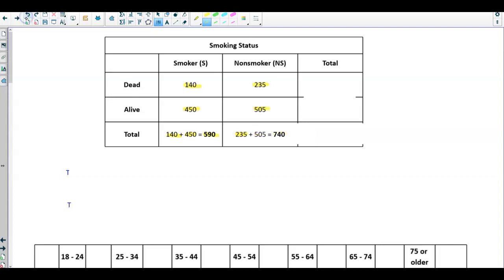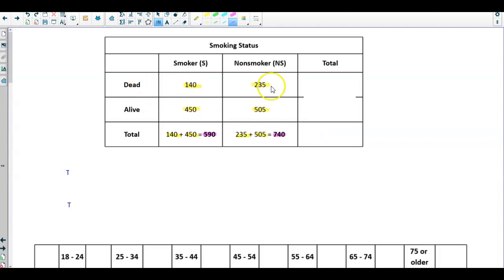Let me just change the total highlight so we can separate the two. So the total here is 590, and over here we have 235, 505. That gives us a total of 740.